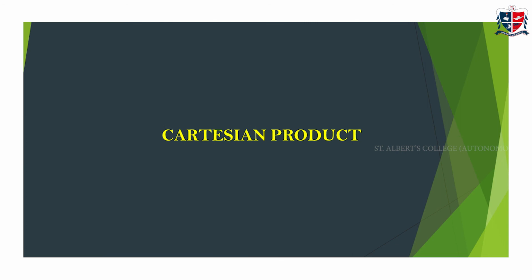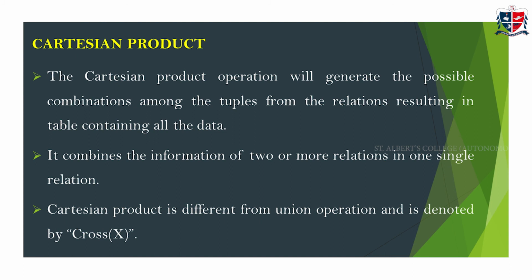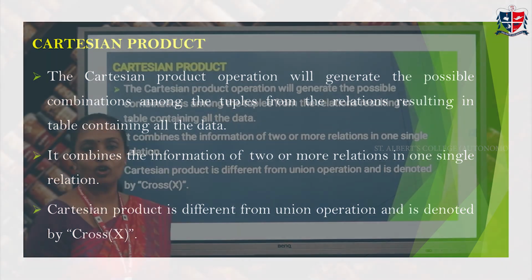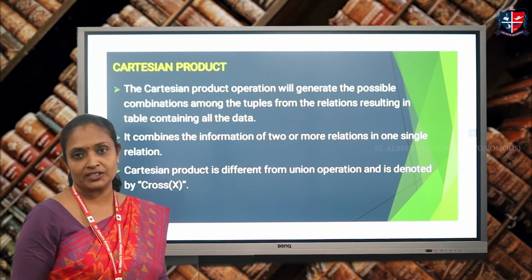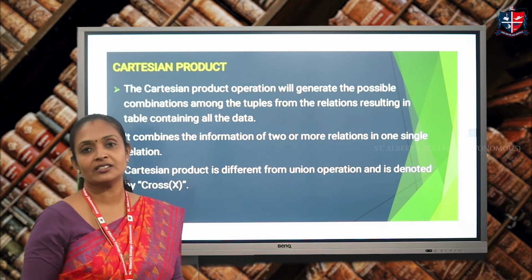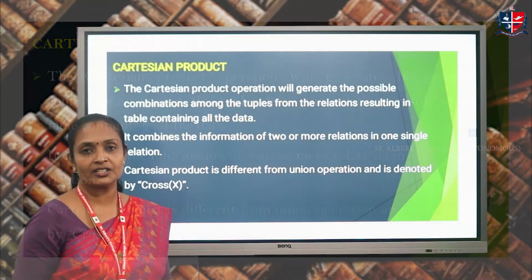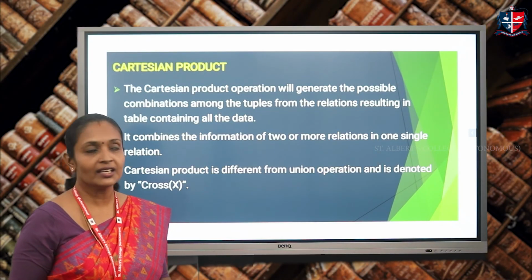Next operator is the Cartesian product. The Cartesian product operation generates the possible combinations among the tuples from the relations, resulting in a table containing all the data. In some situations, we have to combine the results from two or more relations to produce a single relation, and in that situation we use the Cartesian product.